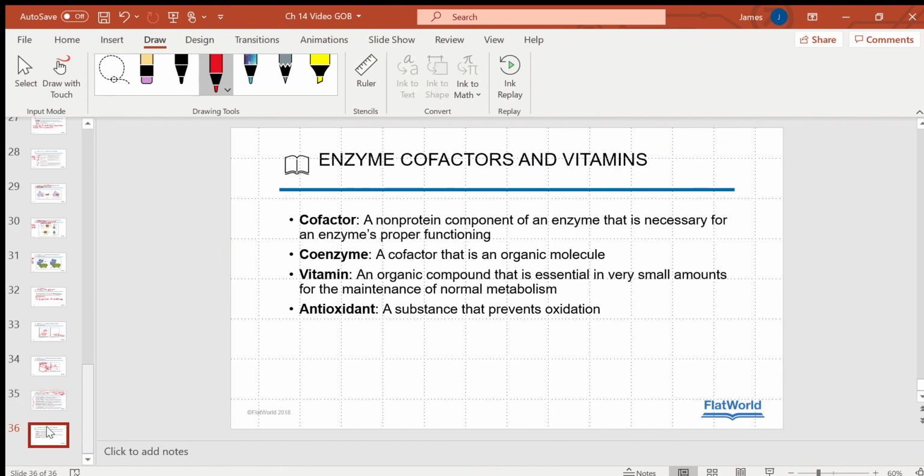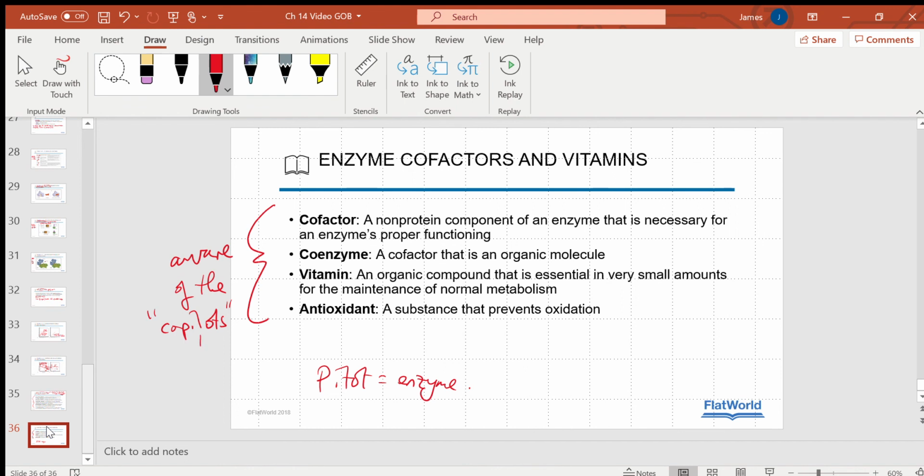And then any pilot needs a good co-pilot. So there are different molecules that can help the enzyme function properly, and some of these materials we'll look at later in our metabolism video, or one of the metabolism videos that we have to look forward to. So again, at the GOB level, I would just encourage my class at least to be aware of these co-pilots, where the pilot is the enzyme itself.